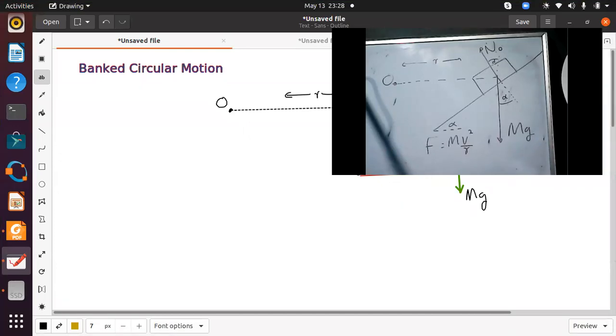Hello, guys. Lastly, we studied how vehicles can take turns in a circular motion, and the force required for this circular motion. That means there should be a centripetal force acting on the vehicle when it takes a turn, and this force is supplied by the friction on the wheels.